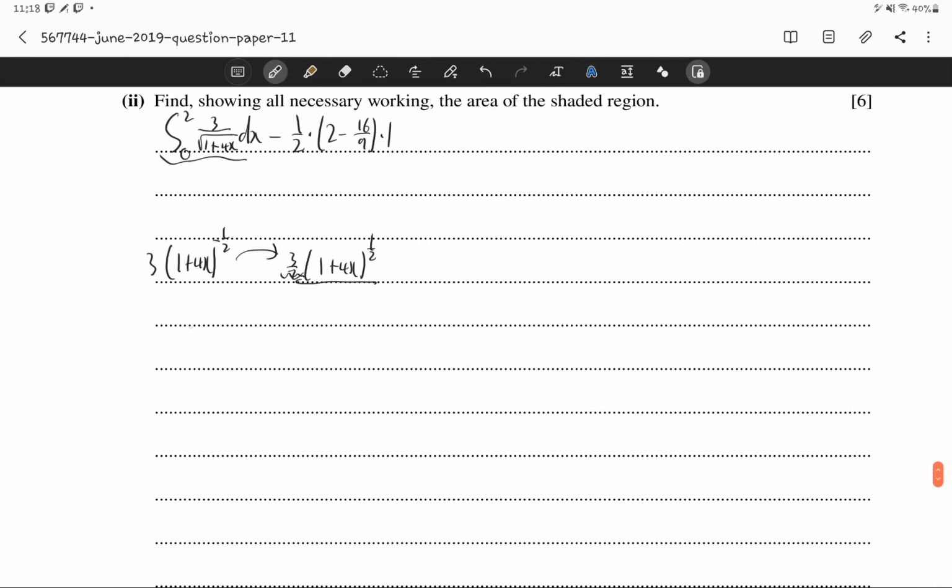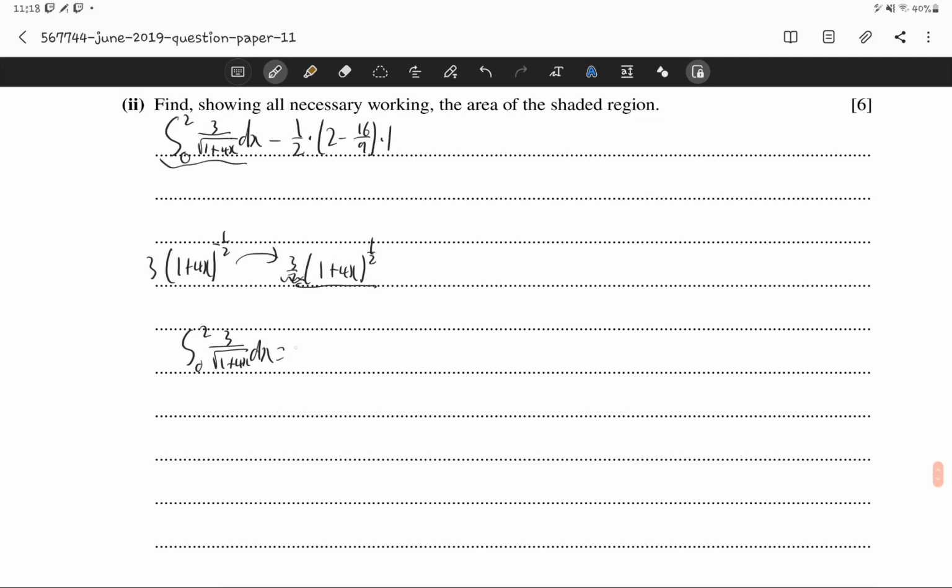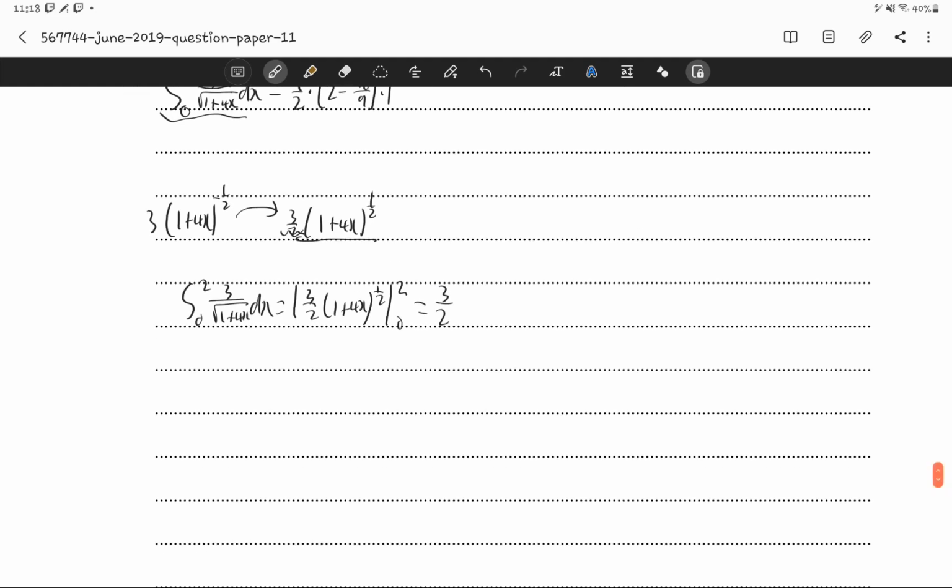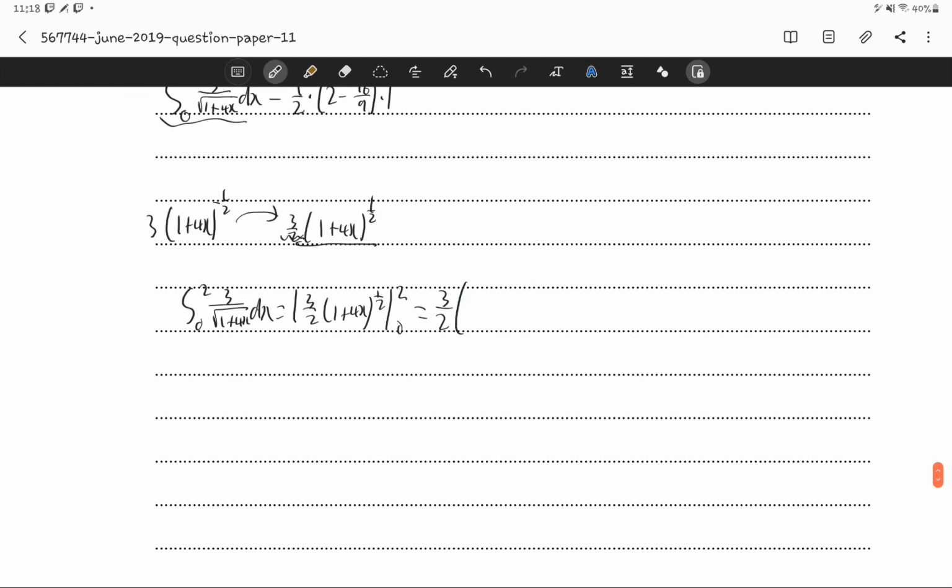So the integral from 0 to 2 of 3 over root 1 plus 4x dx equals 3 over 2, 1 plus 4x to the power of a half. Plug in 2, 0. This equals 3 halves times root 9 minus 1.